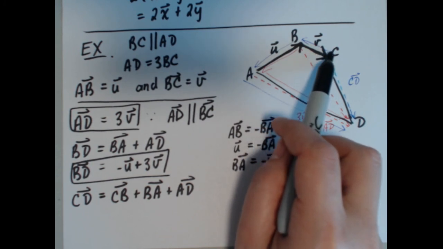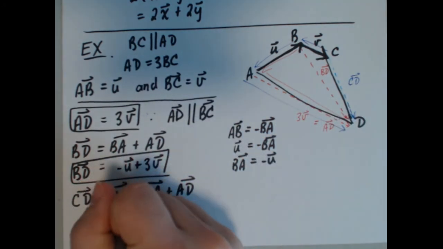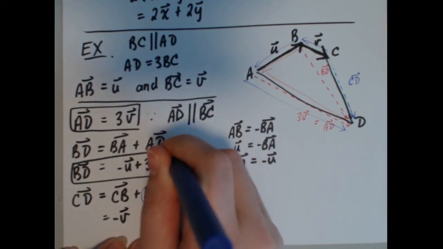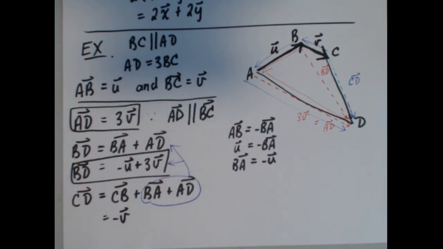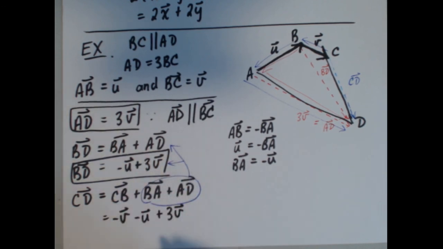So therefore, CB would be negative V. So this is negative V. And this piece here, BA plus AD, well, that's right here, which we found out was negative U plus 3V. So minus U plus 3V. Everything is addition here, so I'm not putting the brackets. Otherwise, you need to be careful with the brackets.